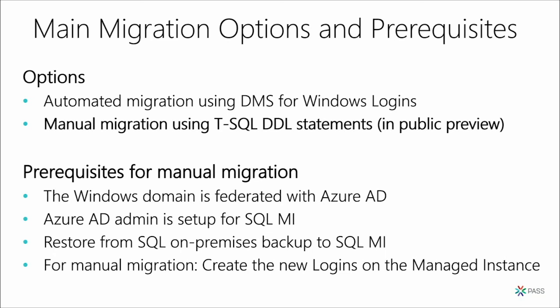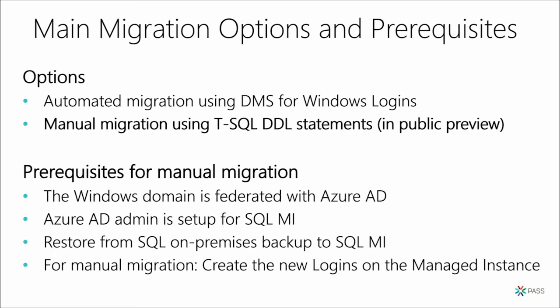So what are the prerequisites for the migrations? Well, first of all, if you want to migrate from on-prem to managed instance, you have to federate your Azure Active Directory. So you have to make sure that the AAD is sensitive to the Windows users. Second of all, you have to enable Azure Active Directory admin, which allows you to connect to AAD.